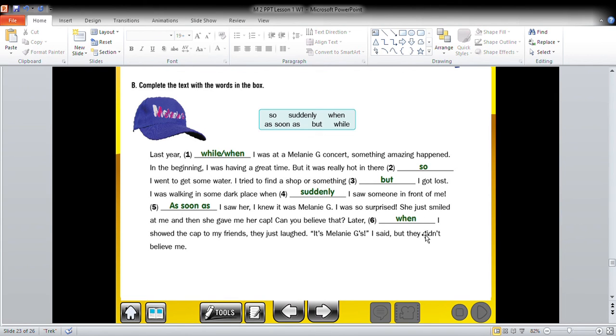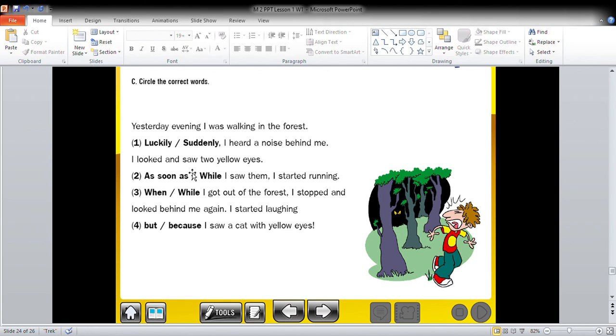You're going to read this again so that you will understand. Next, letter C. Circle the correct words. Yesterday evening, I was walking in the forest. So we are going to underline the correct words to answer this activity. And we have suddenly, as soon as, when, and because.